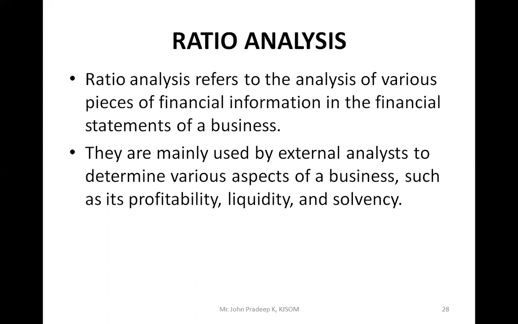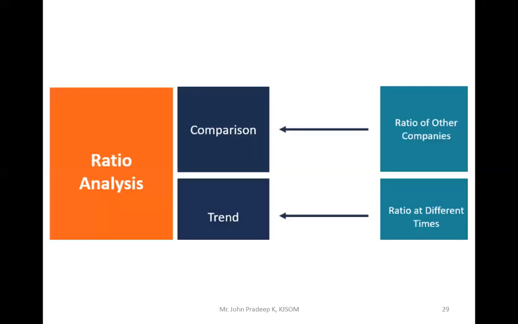If it is solvent, then I'll give you the loan. Or else the bank will say, no, I cannot give you the loan. That is the main importance of ratio analysis. The banker will do the ratio analysis and decide about your profitability, your liquidity, and your solvency. Clear? That is the benefit of ratio analysis.